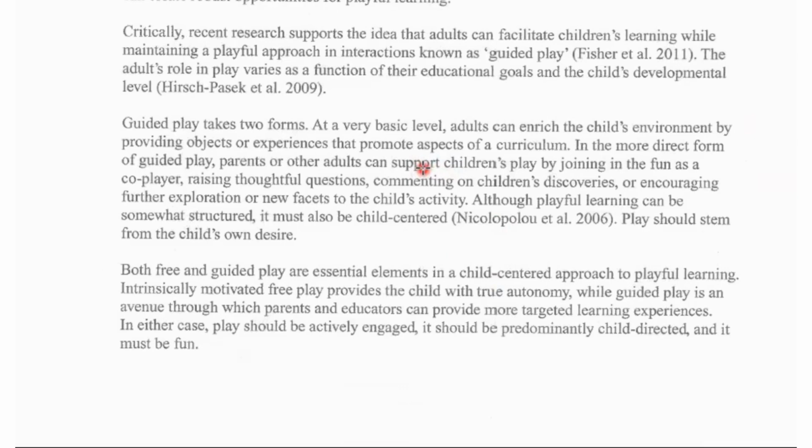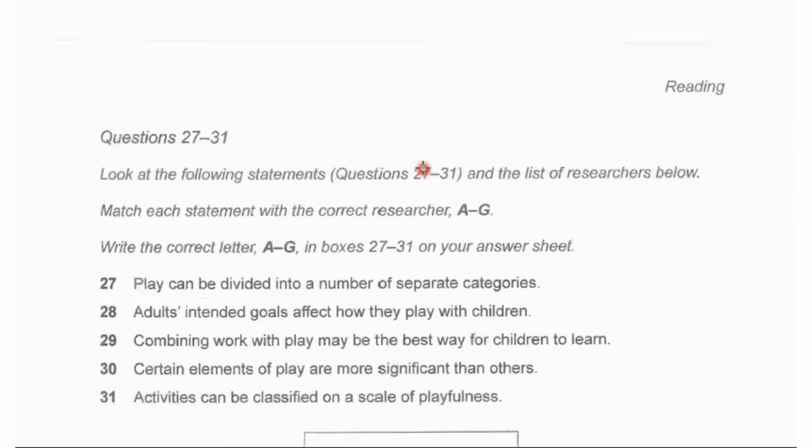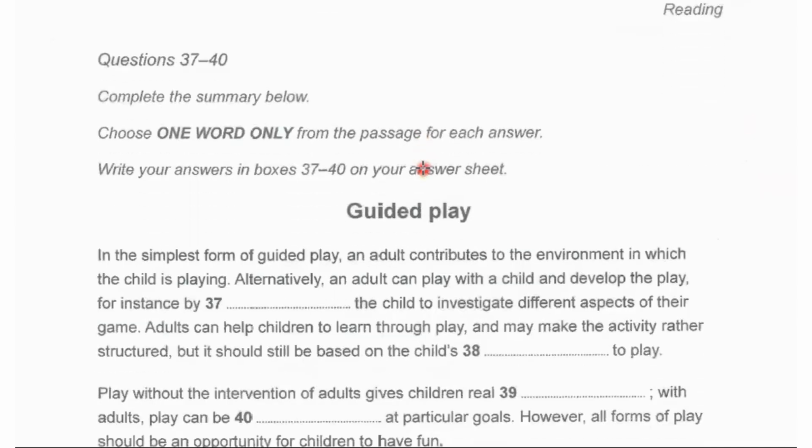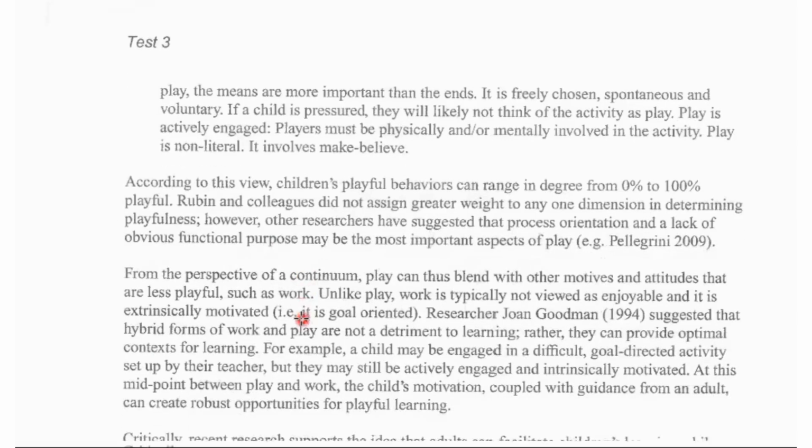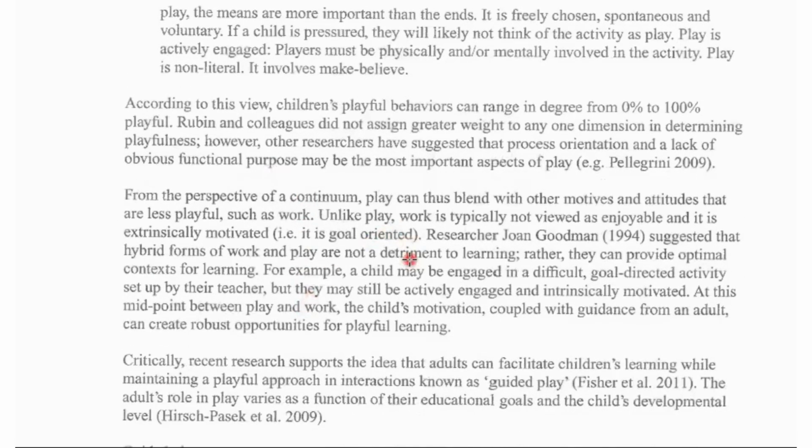No. We need a word that has ing. The word in this gap should have ing. For instance, by encouraging the child. My point is that there should be ing, by doing something to the child, supporting the child. You should have ing, grammar. So this gap, this place, let's study it closely.